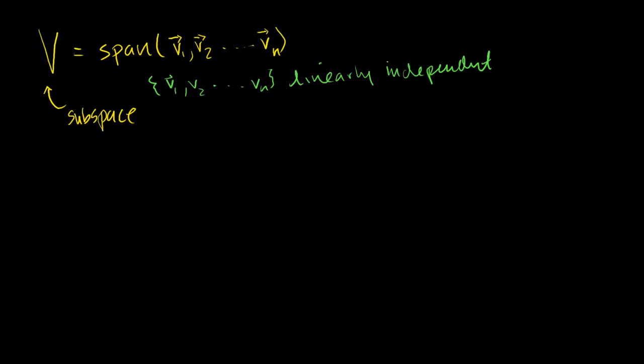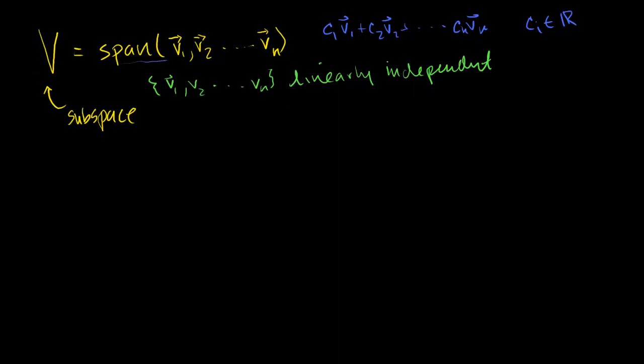So I could have all of the combinations for all of the different c's. So c1 times v1 plus c2 times v2 all the way to cn times vn, for all of the possible c's in the real numbers. If you take all of the possibilities of these and you put all of those vectors into a set, that is the span, and that's what we're defining the subspace V as.